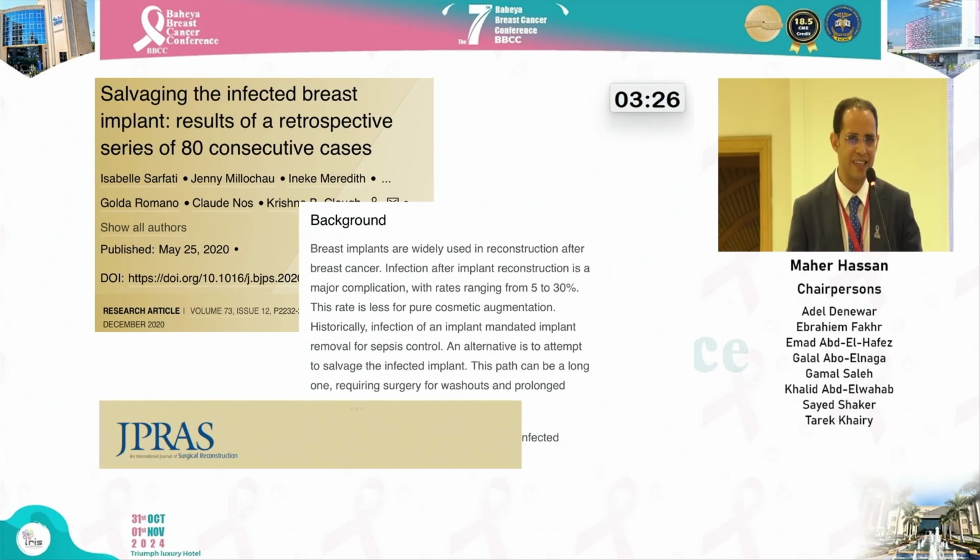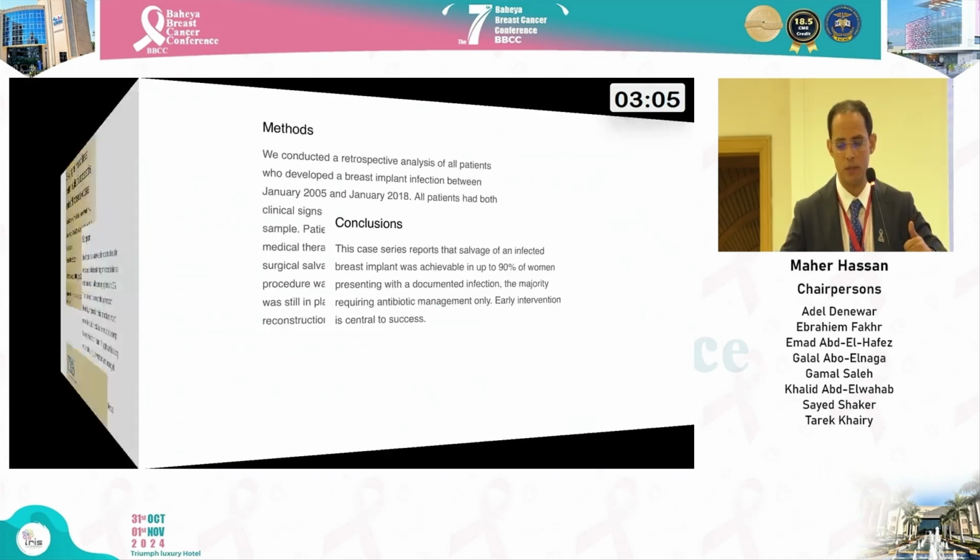And also regarding the infection, as Krishna Clough published about just conservative treatment of infection, as all of us know that when we have an infected implant, we go for removal of the implant, but now we can go for just conservative treatment, and antibiotic, maybe implant and pocket wash and re-implantation of the same implant again.